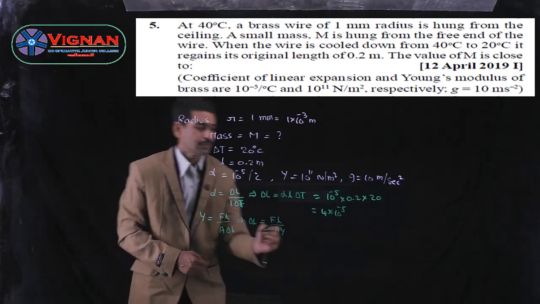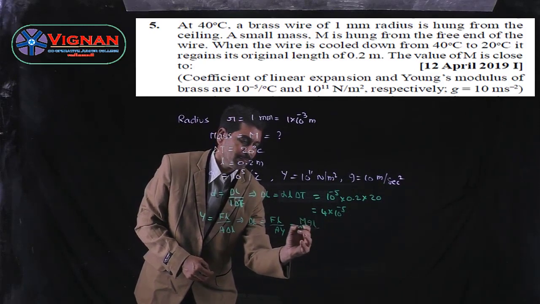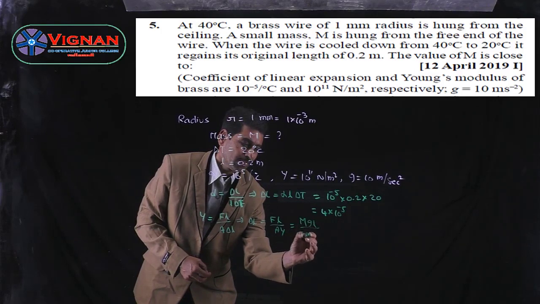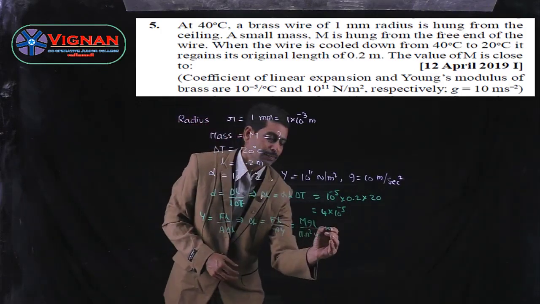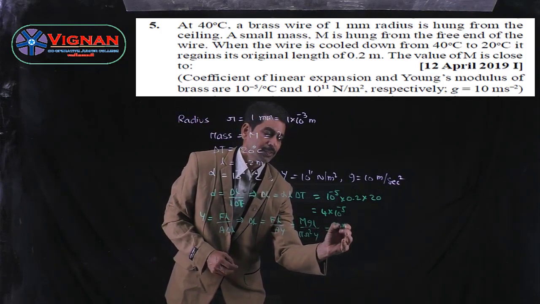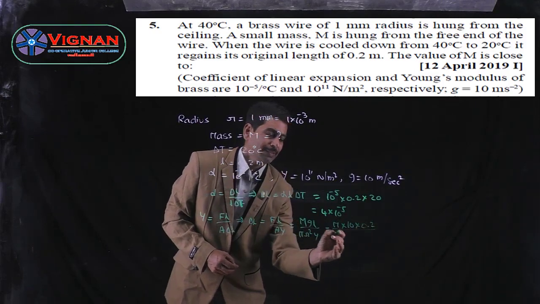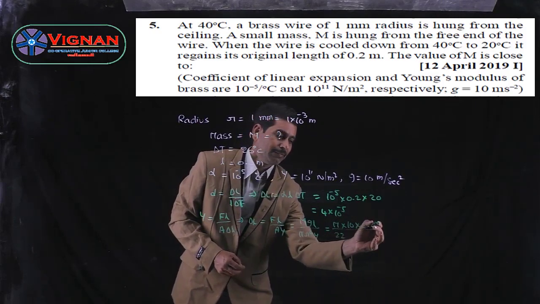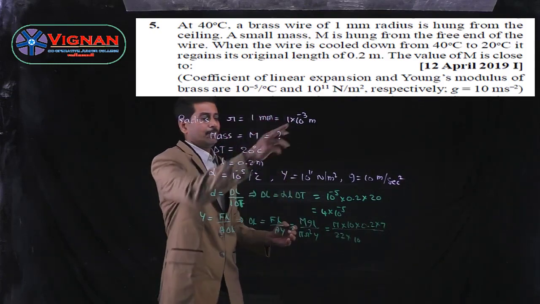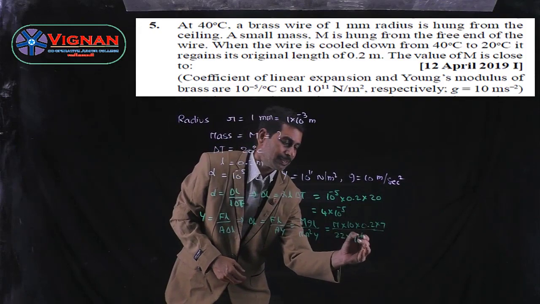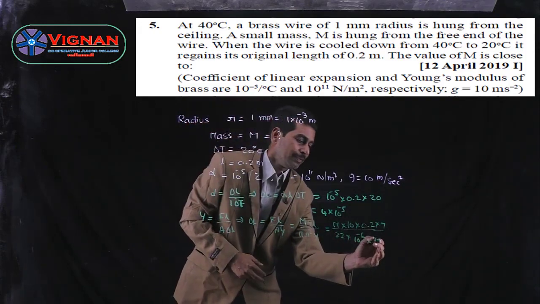We know the force F is given as mg, which is m into g, and L by A is nothing but pi r square into Y. On substituting, we need to find the value of m, and g is 10, L is 0.2, divided by pi, which is 22 by 7, and r square is 10 power minus 6, into the Young's modulus of the wire, which is 10 power 11.